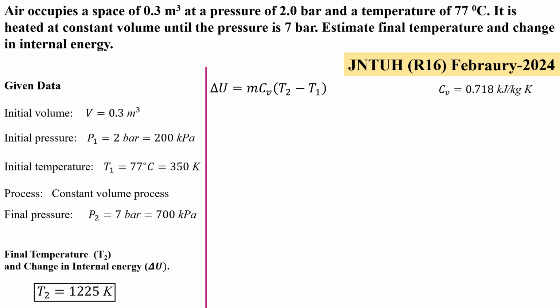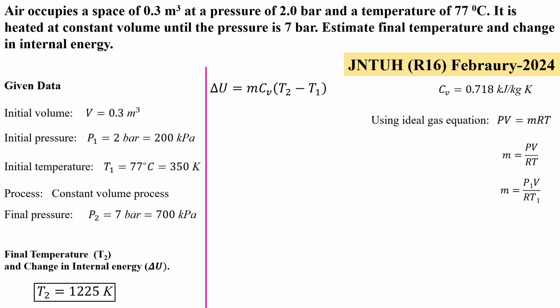For this we have to use the ideal gas equation PV equal to mRT. So from this, m equal to PV by RT, and this can be written as P1 V1, but V is constant, V1 equal to V2 equal to V, divided by RT1. So P1 V by RT1.